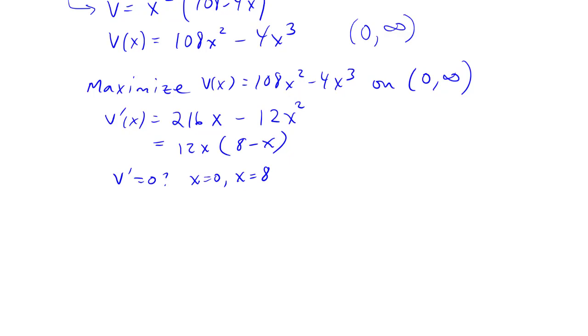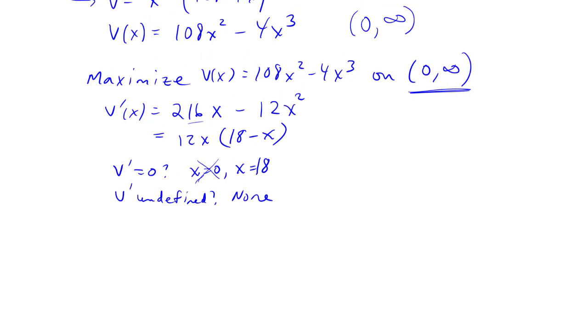Now x equals 0 we're not actually going to use because it's not on our domain here, so x equals 18 is our other critical number. And is there any place where the derivative is undefined where the original function was defined? No.